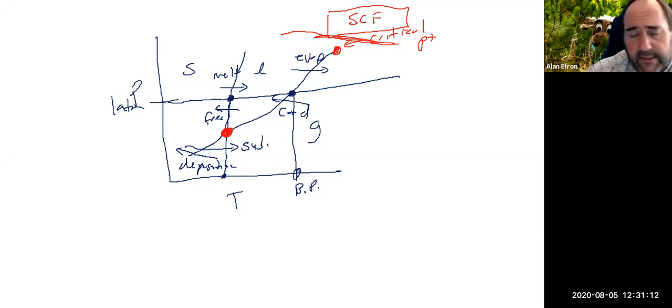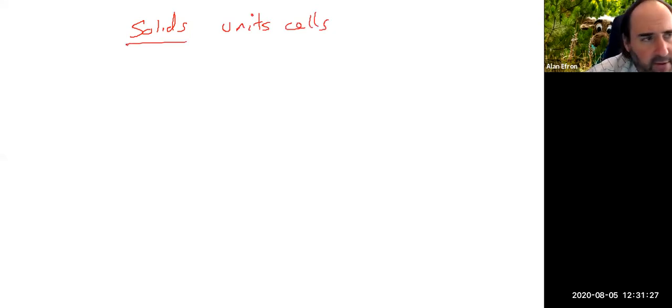So you could kind of pick those things up. And I think we finished up here in this chapter talking about solids and the idea of unit cells. Unit cells are what happens with crystalline solids, which are very repeatable patterns that occur.